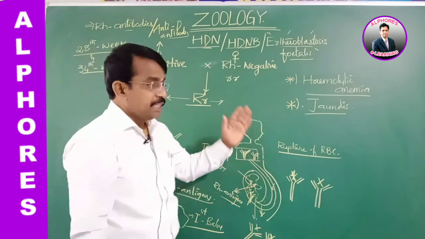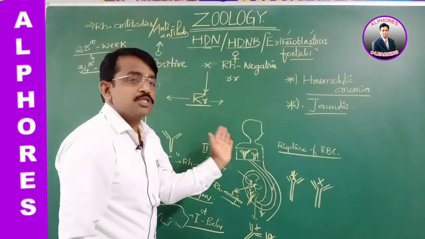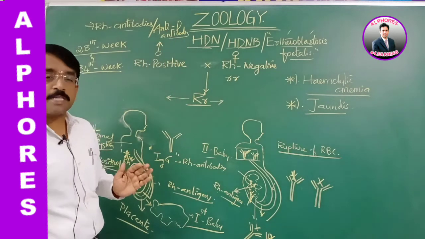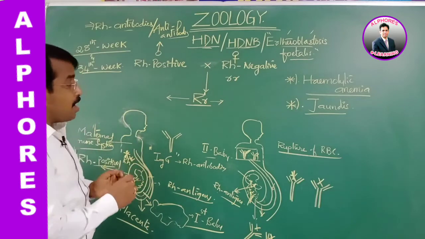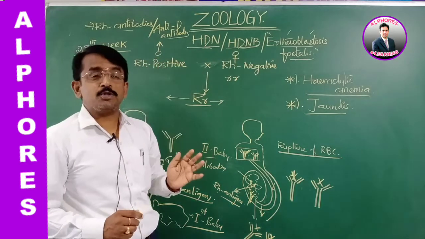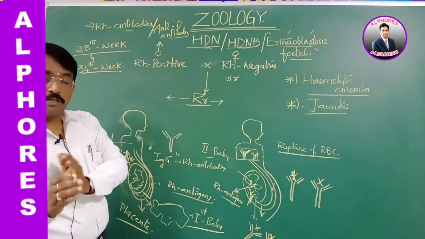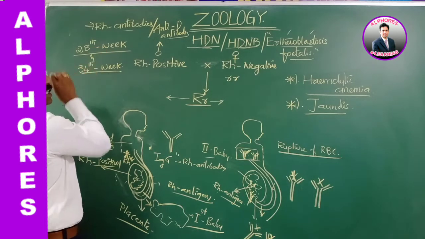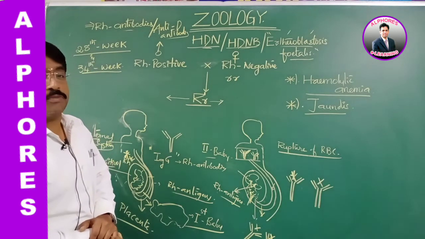If we prevent the sensitization of the mother's immune system, then the babies born are not prone to the consequences. So this is the remedy, where Rh antibodies are given to the mother as soon as the childbirth occurs, or else by the 28th and 34th week.